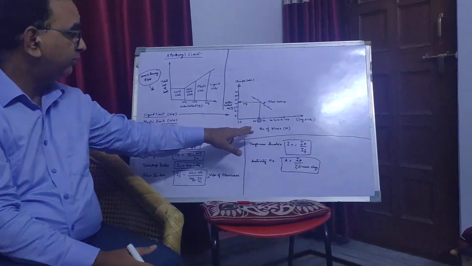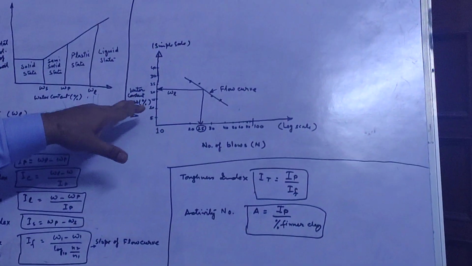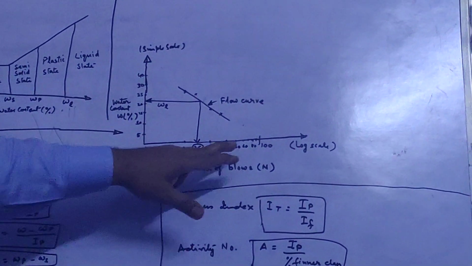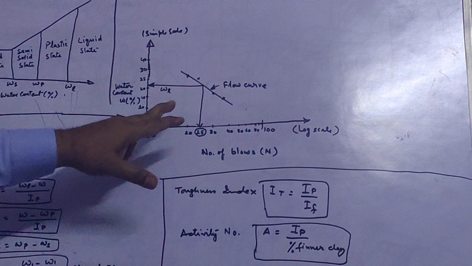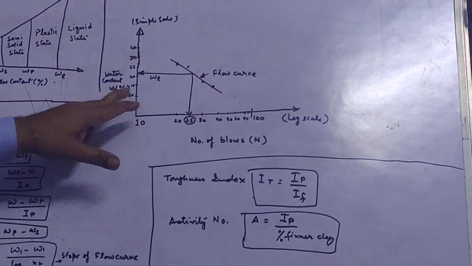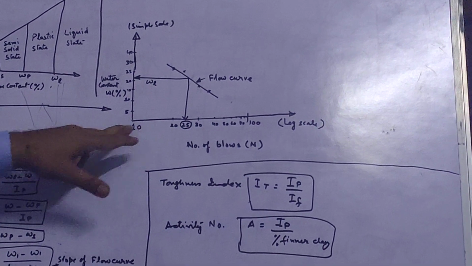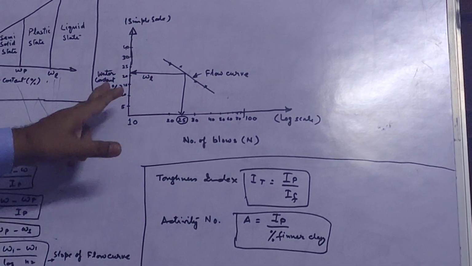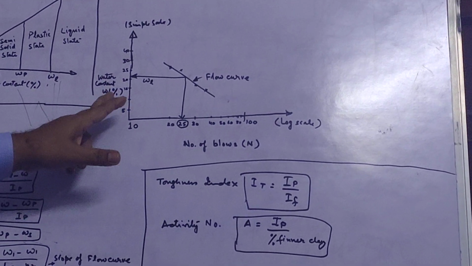in which you record the number of blows and water content, and plot a semi-log graph between the water content and number of blows. The number of blows are recorded on the log scale, and on the arithmetic scale we plot the water content.